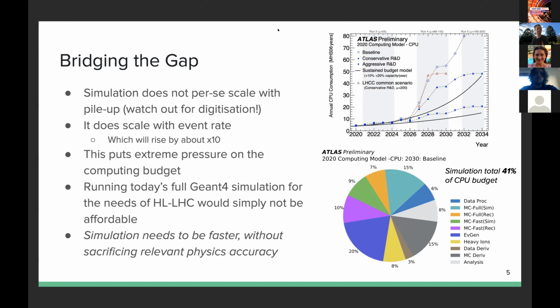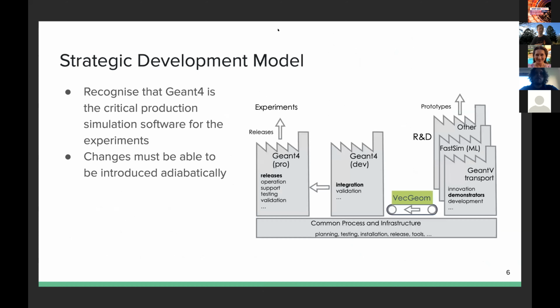As we know, we're well beyond the level where Moore's law would simply deliver more and more performance every year. So the challenge then is to make simulation faster without sacrificing the relevant physics accuracy that we need to support the physics program. And I should say that the strategic development model that we have for Geant4 is to recognize that it's crucial production simulation software for the experiments, and therefore changes must be able to be introduced adiabatically.